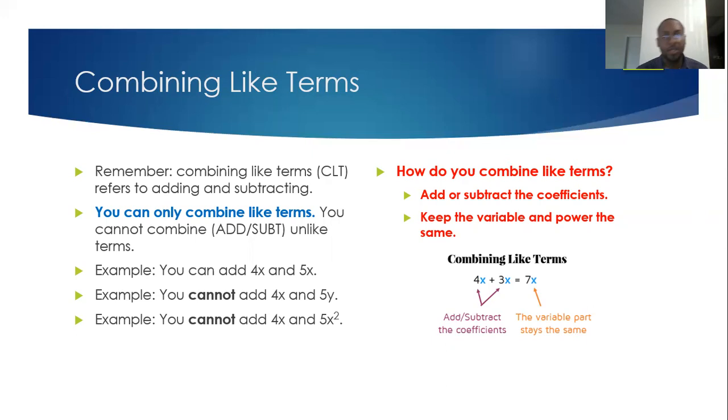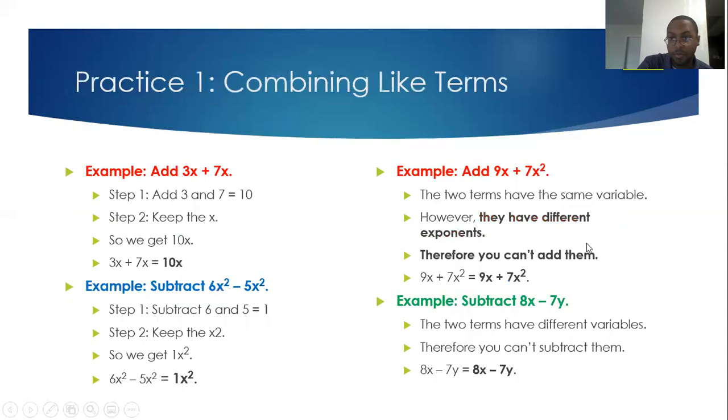Coefficients are the front numbers. 4 and 3 are the front numbers. You add those together, you keep the variable and the power the same. Let me show you. 3x plus 7x. 3 plus 7 is 10.